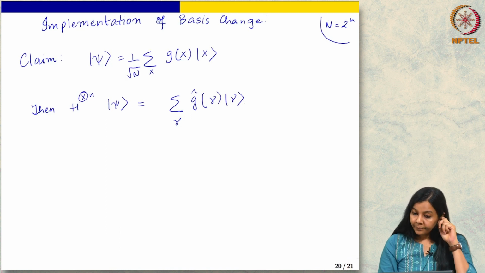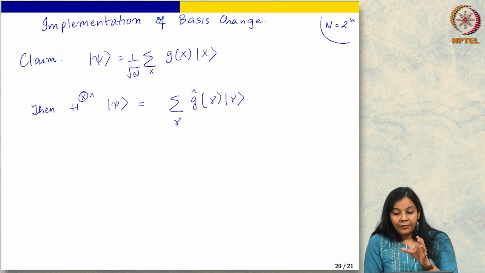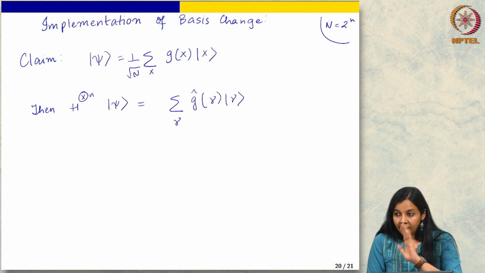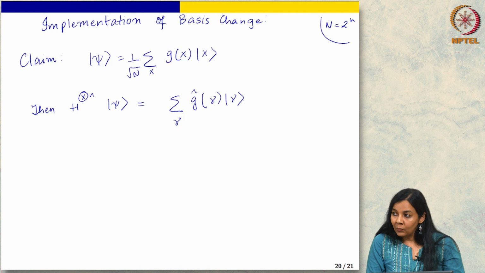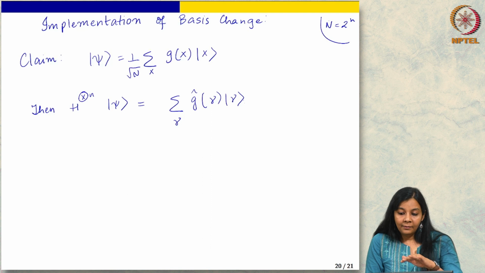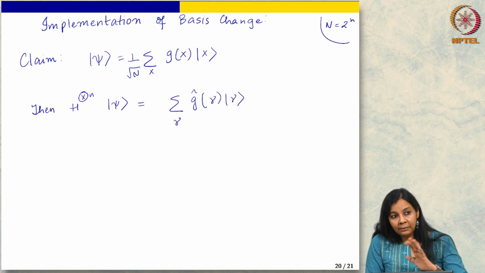So basically if I have psi in the standard basis representation, applying Hadamard to it gives me the Fourier basis representation, and this is all the magic that's actually been going on. The fact that this is an exponential space, and you can efficiently compute this quantum Hadamard transform, changes the basis.